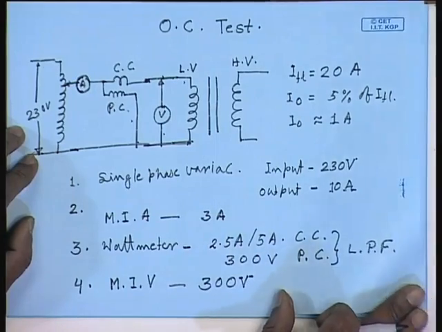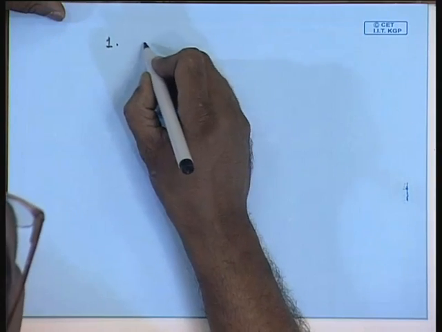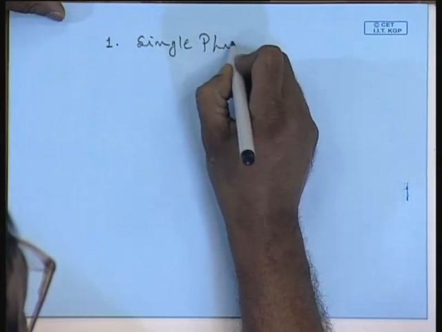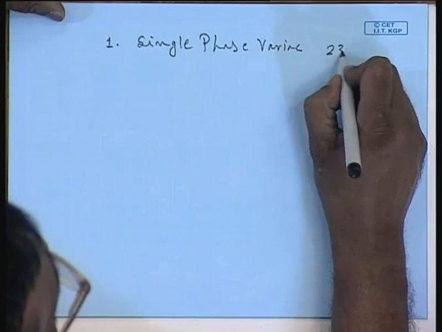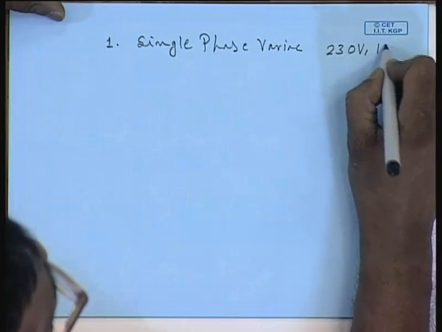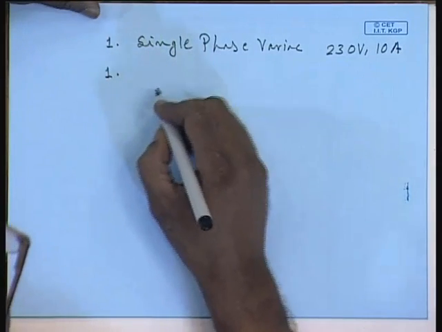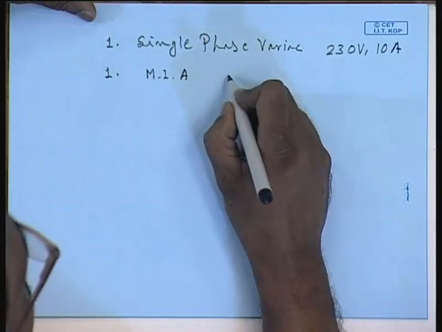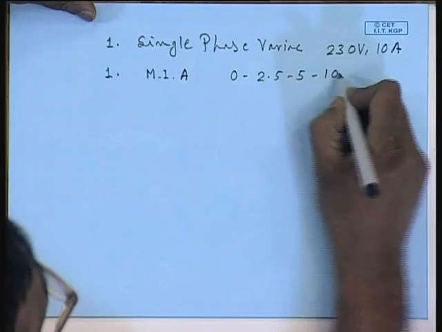So, to summarize, to do this test the following equipment will be required. One is a single phase variac, 230 volt, 10 ampere. Then the moving iron ammeter, 0, 2.5, 5, 10 ampere.